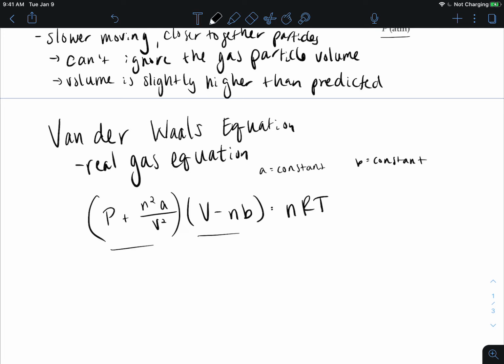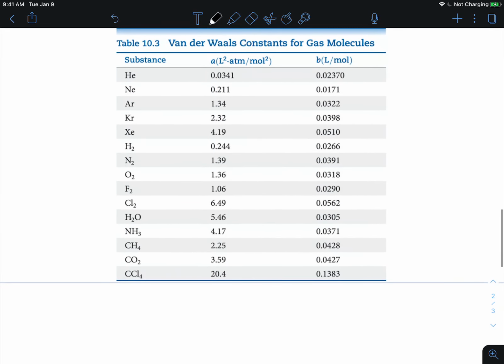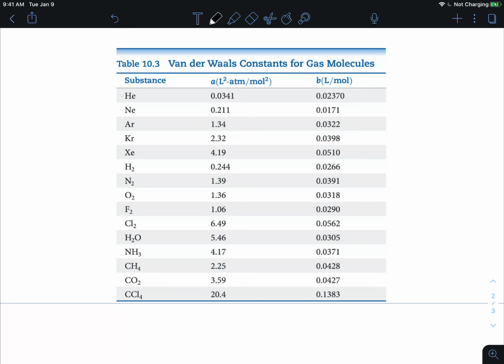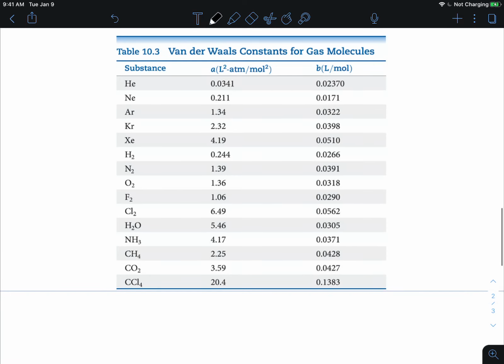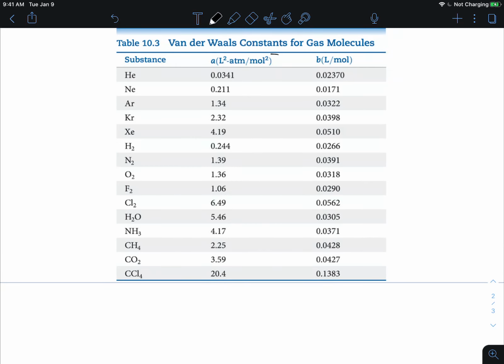Now, our a constant and our b constant, like I said, are going to be based on the gas itself. Here is a table of van der Waals constants for gas molecules. Our a term, as we can see from this chart, is going to have a very interesting unit. That's because when we put it into this, we want to be left with atmospheres, right?